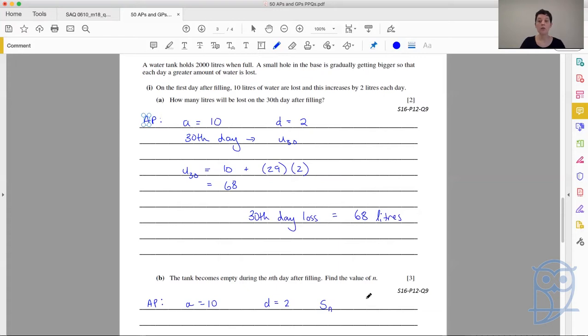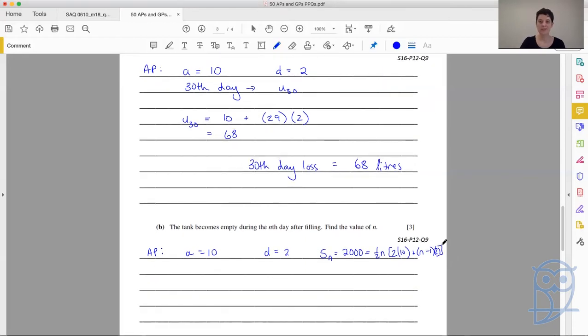And we don't know of how many terms, but we do know that it equals 2,000. So that would be then 1/2 n, 2 by 10 to A plus n minus 1 D.